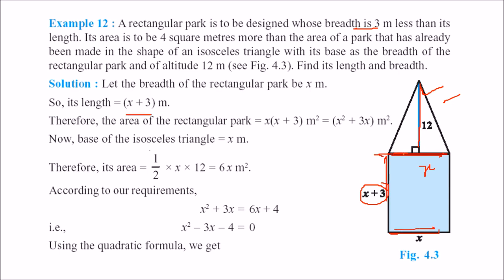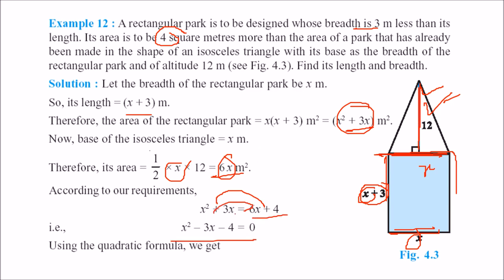So the length is x plus 3 and the breadth is x, and the area of the rectangular park will be x into x plus 3. How about the area of this triangular park? Half into base into altitude, so half into x, that is the base, and the altitude or height is 12, half into x into 12, that is 6x. According to the requirement, this is equal to 6x plus 4, since it is 4 square meters more, so x square plus 3x is equal to 6x plus 4.